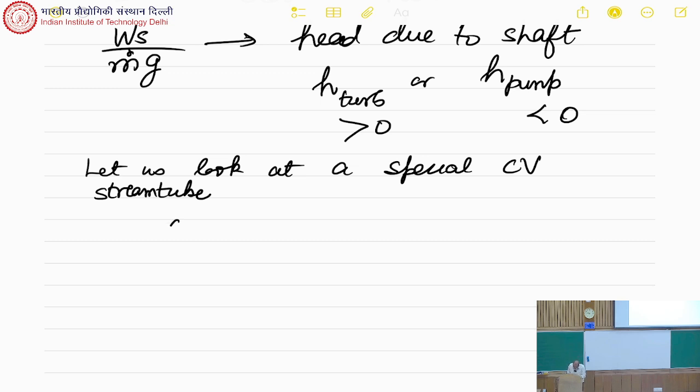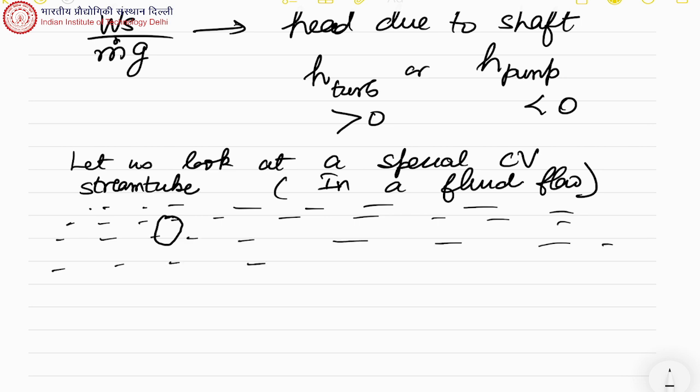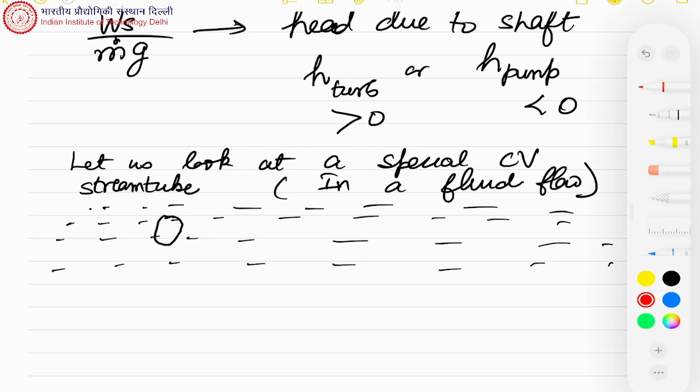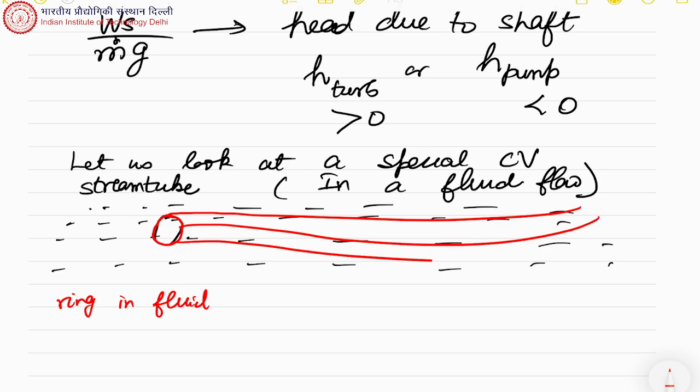What this means is, in a fluid flow, I take a small ring in the fluid. This is a closed ring, and there are streamlines which pass through every point on the surface of the ring. You follow those streamlines.